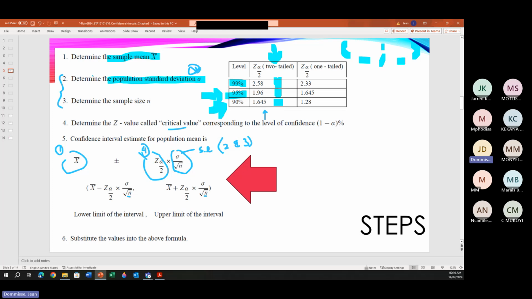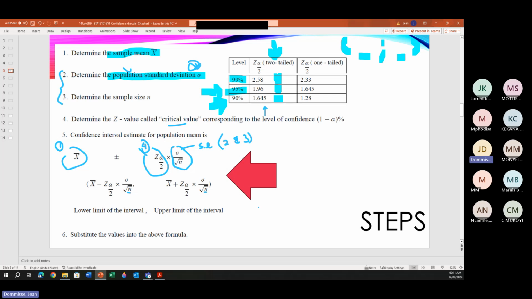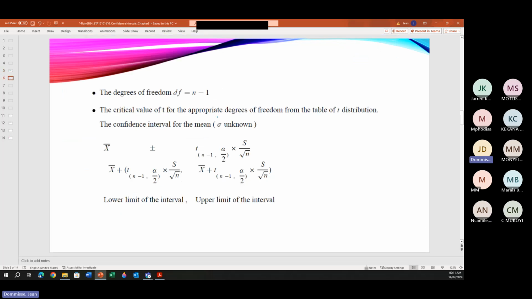Okay, so this one was for standard deviation known because they tell us it's a population standard deviation. So then we follow this process. If it is standard deviation unknown, then the only thing you will see now, we use the different standard deviation formula.